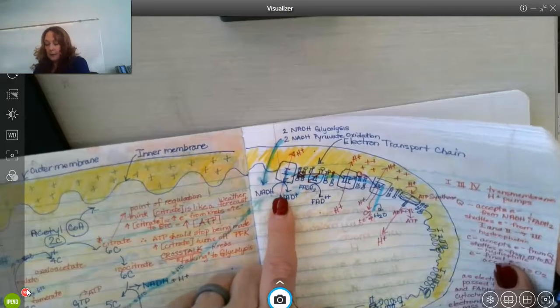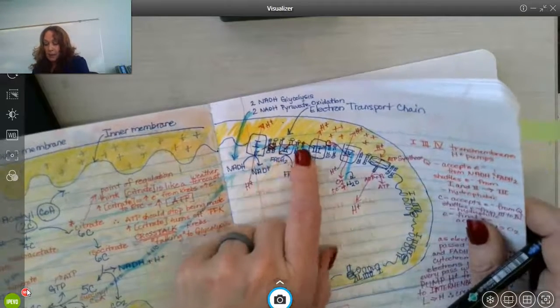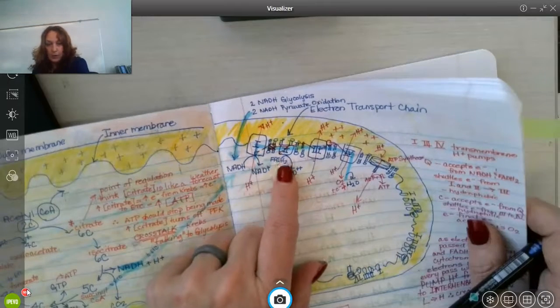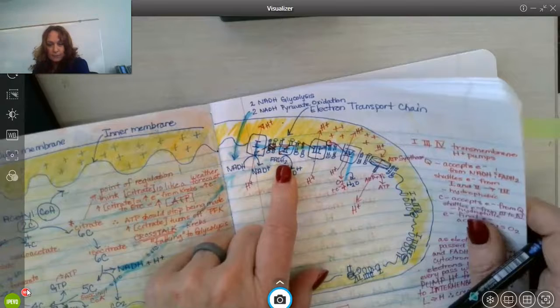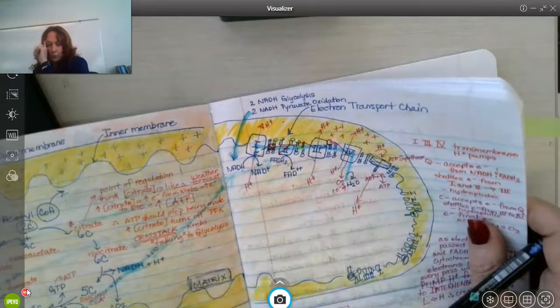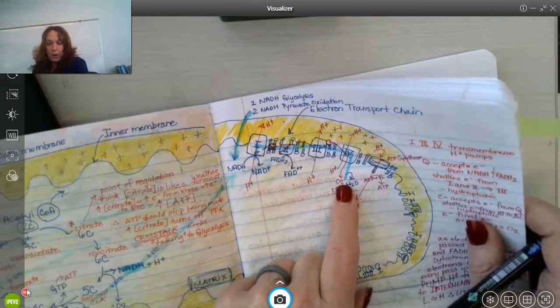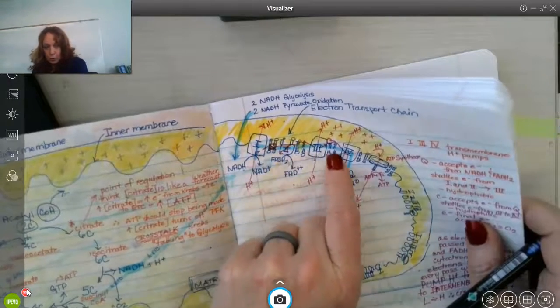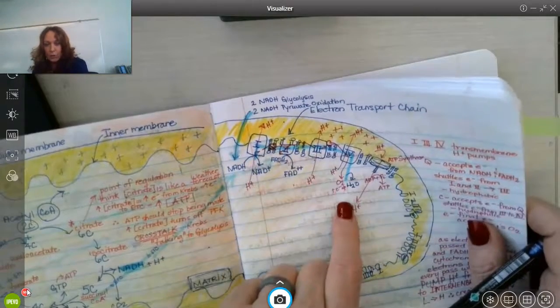So once the electrons have been stolen from these electron carriers, you're also going to require oxygen, because oxygen is going to be what drives this electron movement.